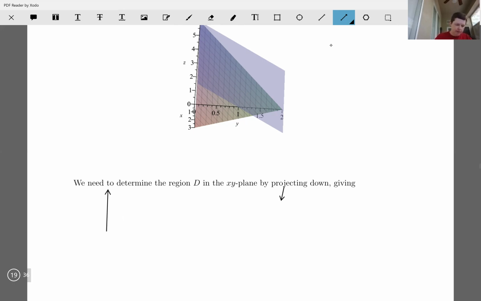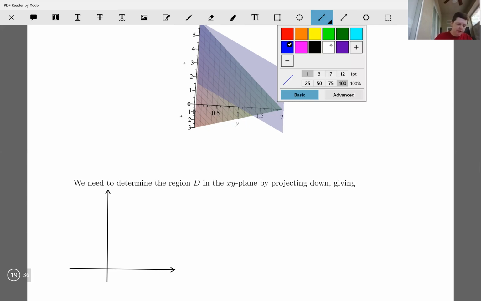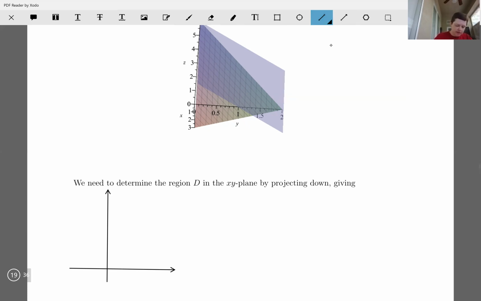Okay, so let me get some axes here. All right, those look like axes to me. Let me draw a triangle. So our triangle looks something like this.